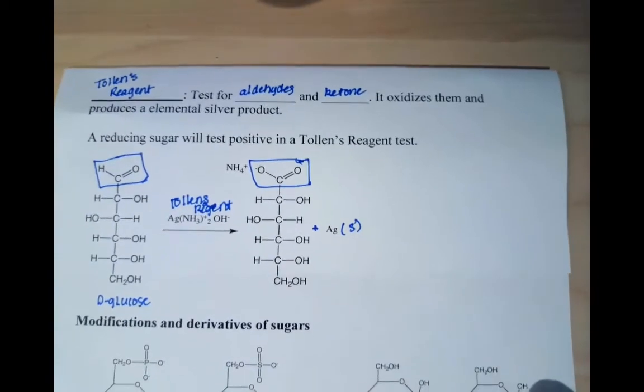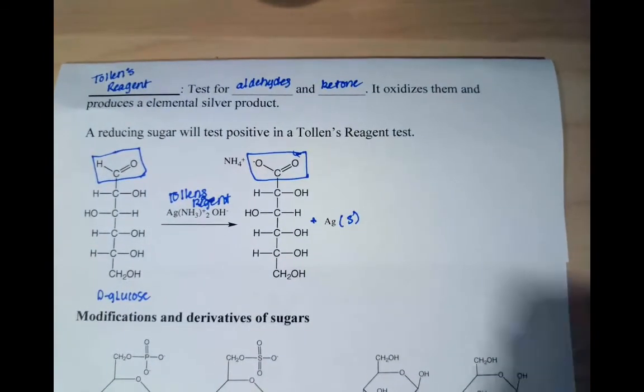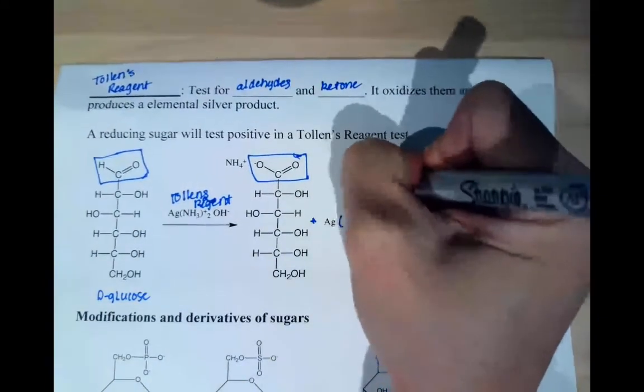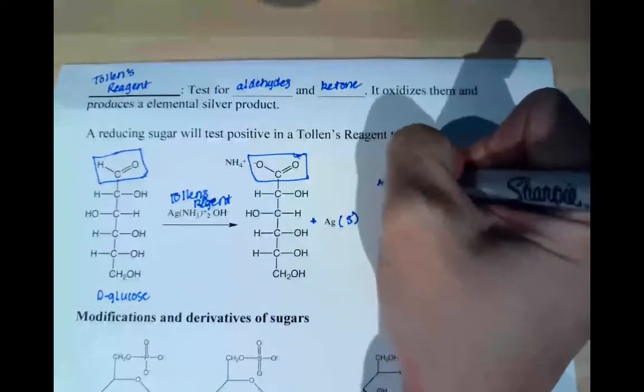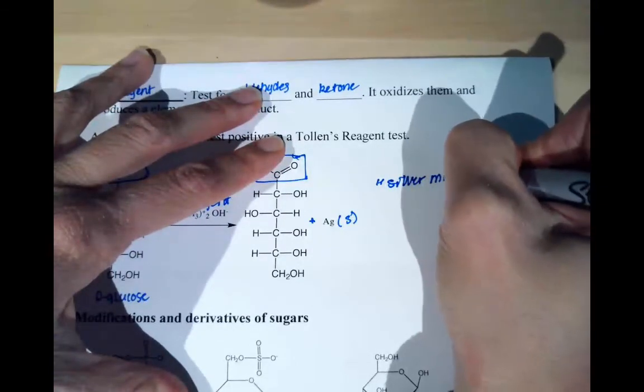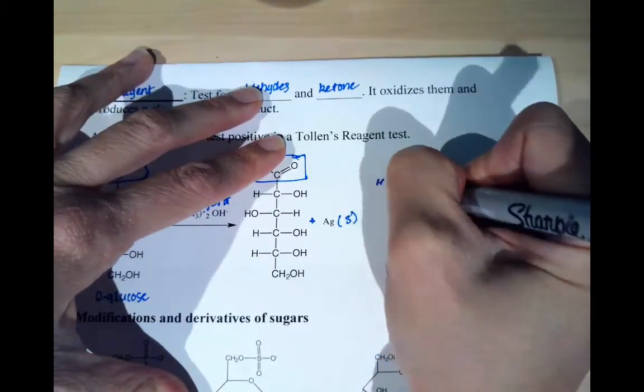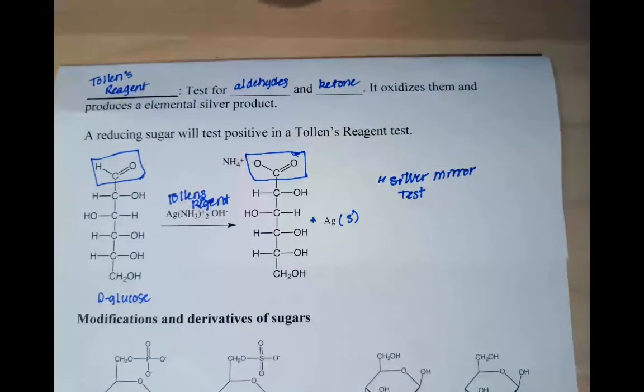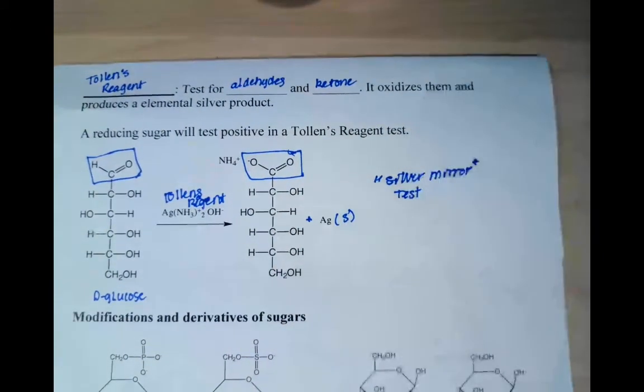So because this produces silver, we call it the silver mirror test. It's an alternative name for the Tollens reagent test because if there is a reducing sugar in it, it's going to leave a silvery mirror surface on the inside of the test tube.